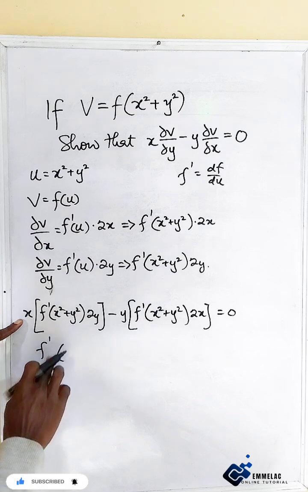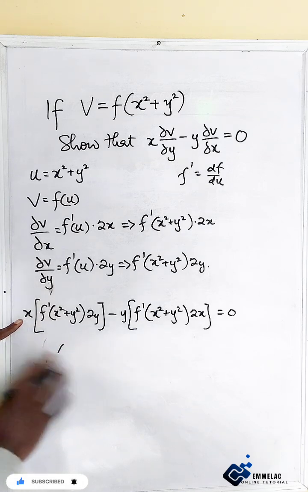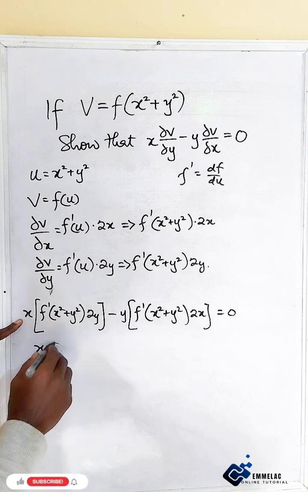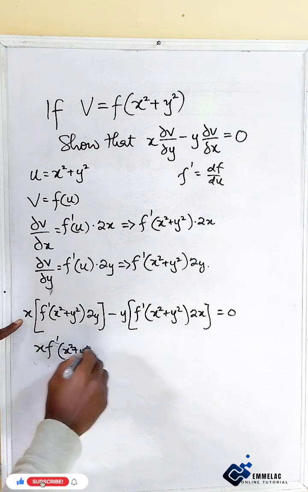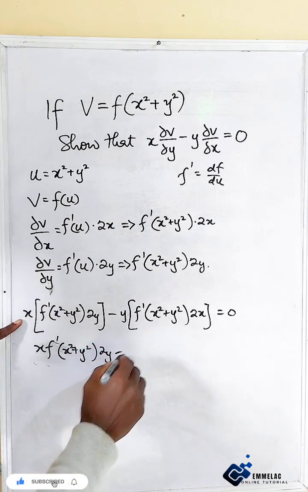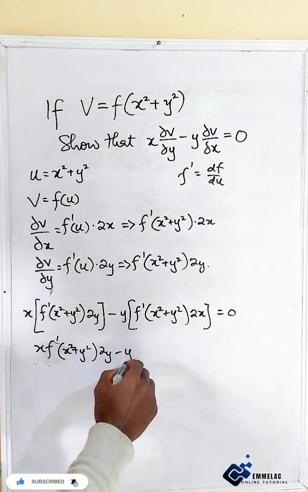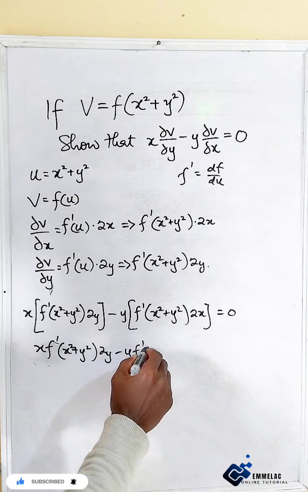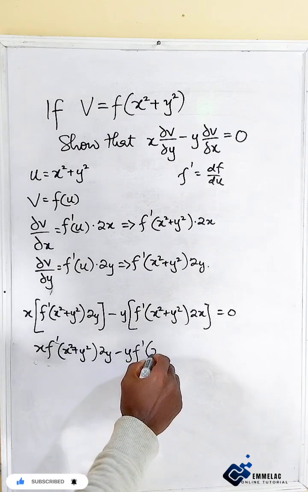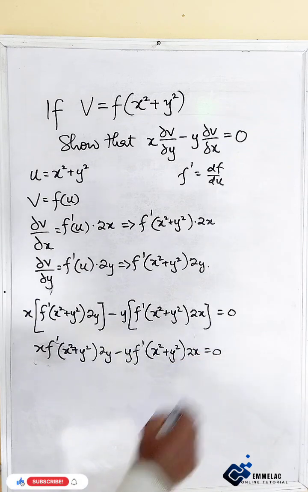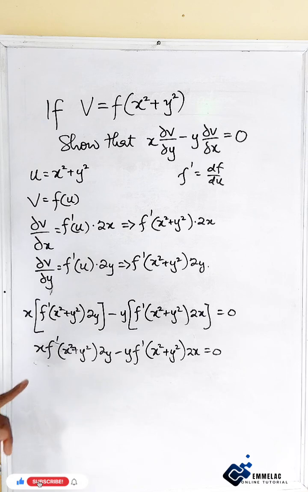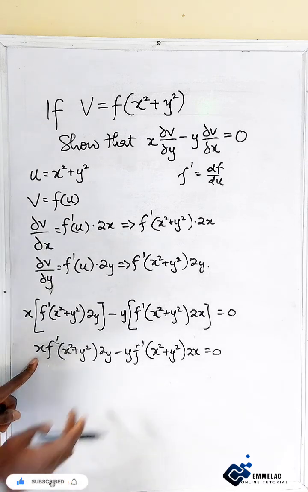Let me do it like this: x times f prime of x squared plus y squared times 2y, then minus y times f prime of x squared plus y squared times 2x, all equals 0. Now looking at this, we can multiply through.